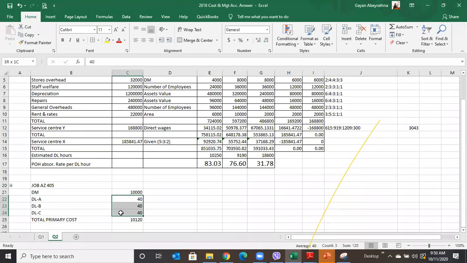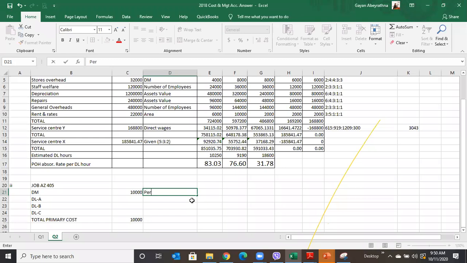Per hour rate in the workings. For A, how much?